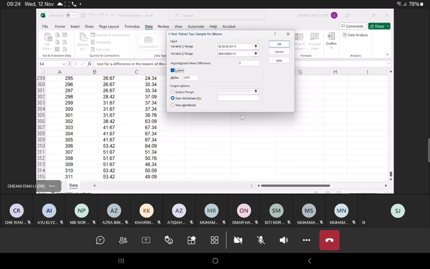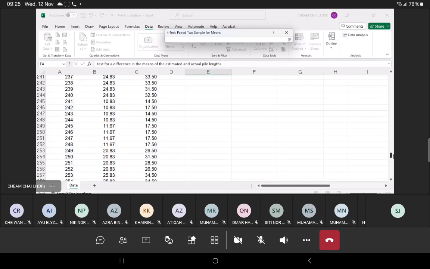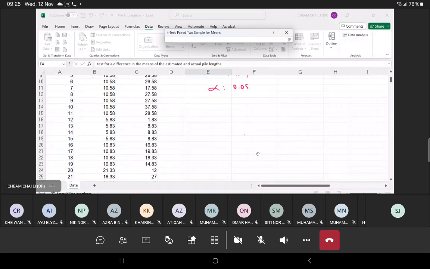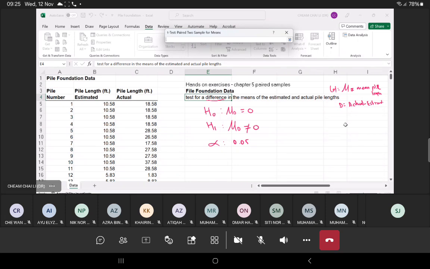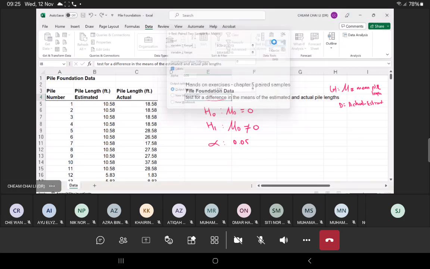Kita ada actual and estimated. Okay, and then for the output, you can put at any place that is available, right? So mungkin kita letak somewhere dekat sini output, right? And then I click OK.